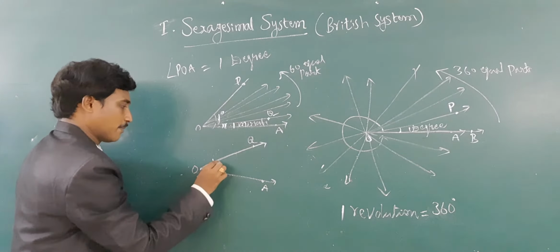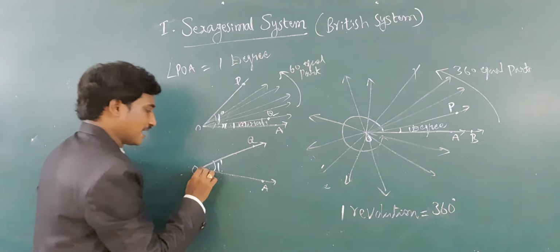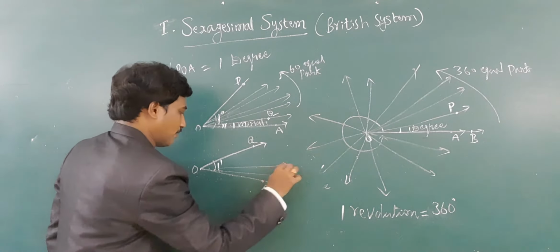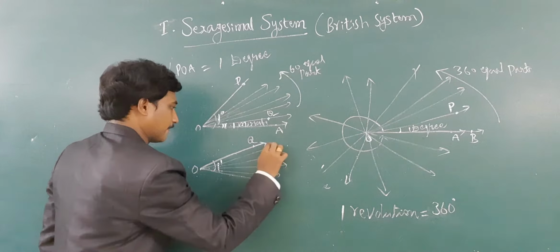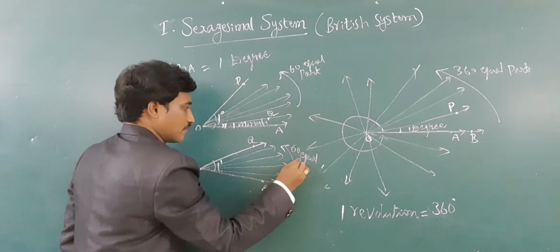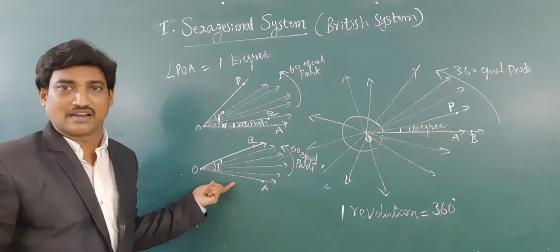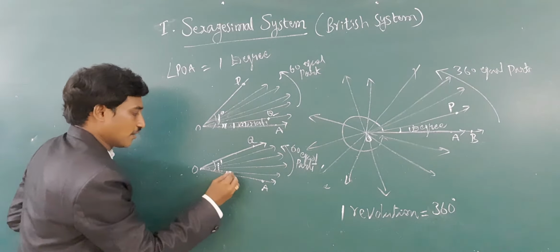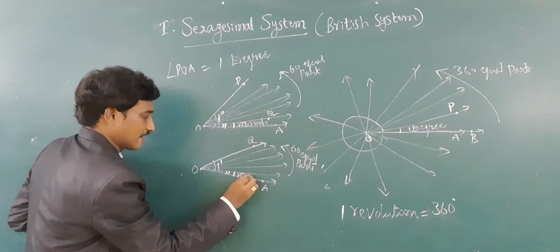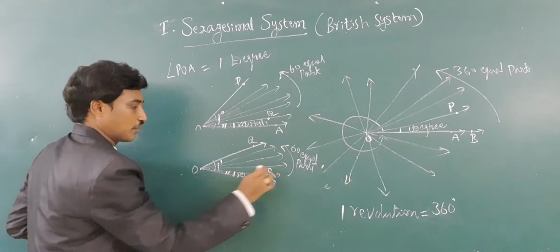It is 1 minute. Again, 1 minute is divided into 60 equal parts. Each part, that means each angle here, is called 1 second. Let me name it as ROA.